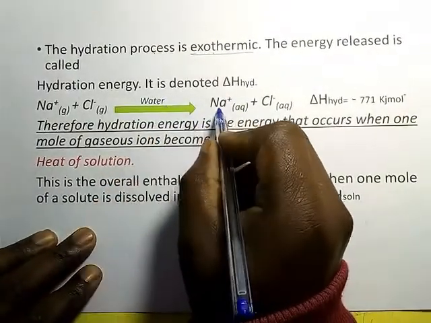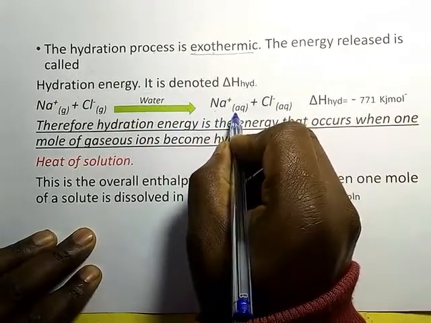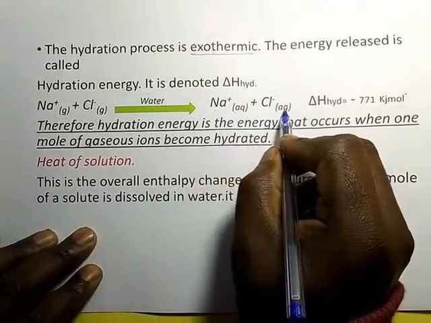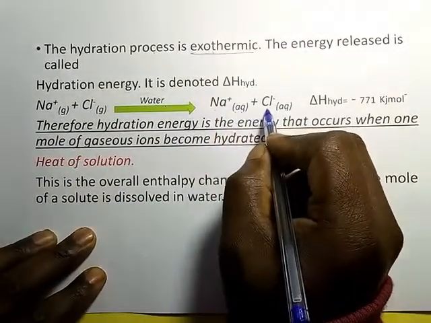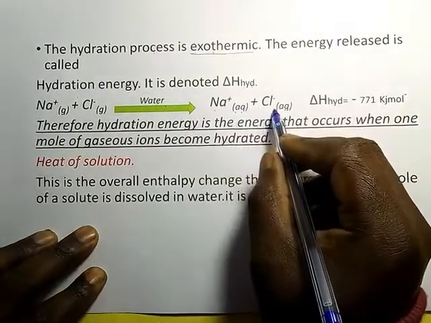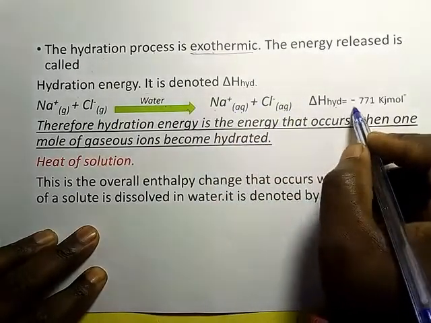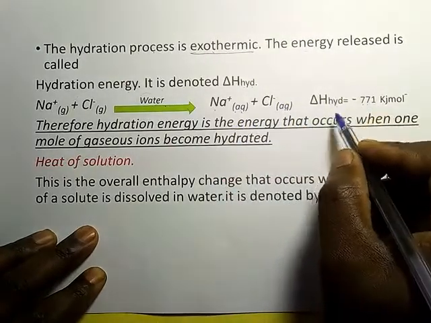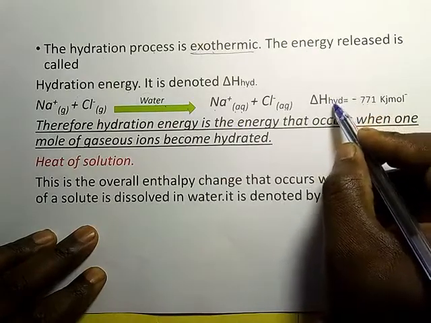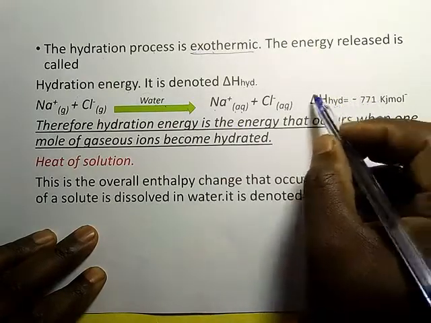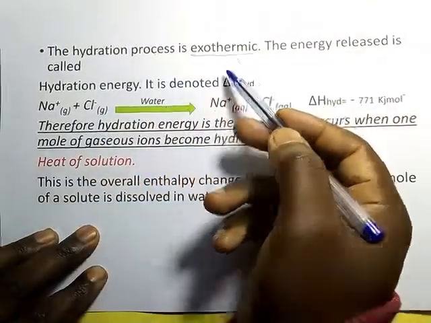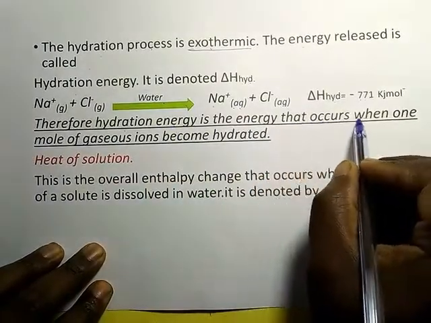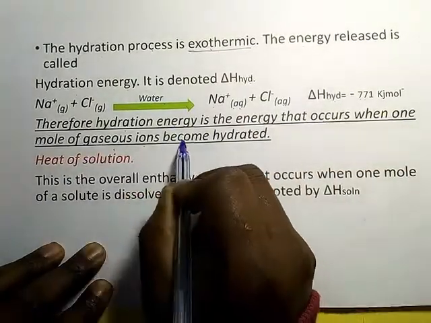Once they become hydrated, they change to aqueous, because they dissolve in water, forming an aqueous solution. So the enthalpy change of hydration is -777 for sodium chloride, because the hydration process is exothermic. Therefore, hydration energy is the energy released when 1 mole of gaseous ions becomes hydrated.